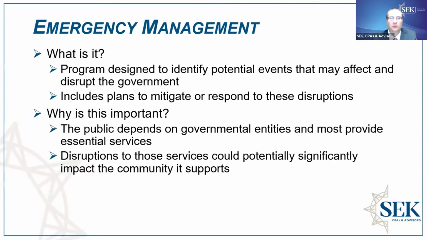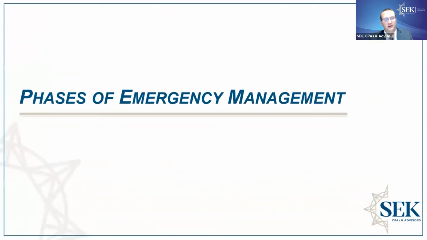It can be something as minimal as a tree limb down on a road, or something as significant as utility services being disrupted for a significant time period. That can range widely, but emergency management is ultimately trying to eliminate or reduce the impact on those services that are provided.